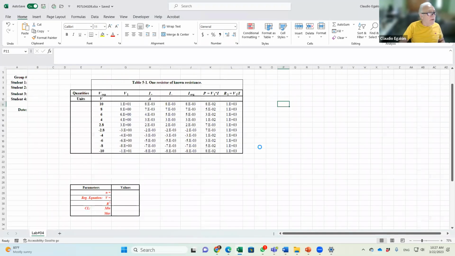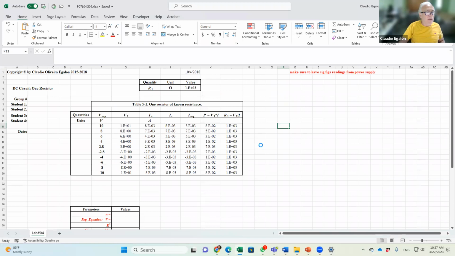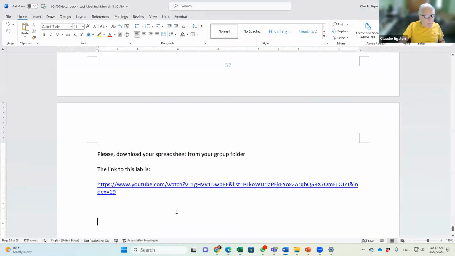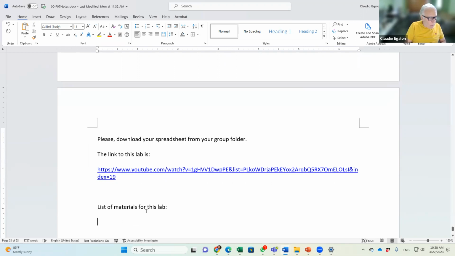Good. So that's the spreadsheet here. The first thing that you're going to do in this experiment is to measure. Let's start with the materials, right? List of materials for this lab. First thing is going to be a resistor, one resistor.